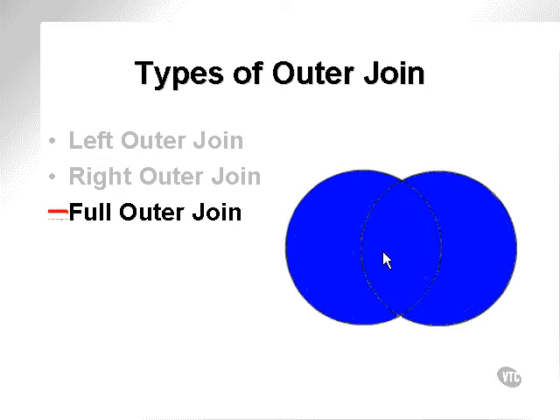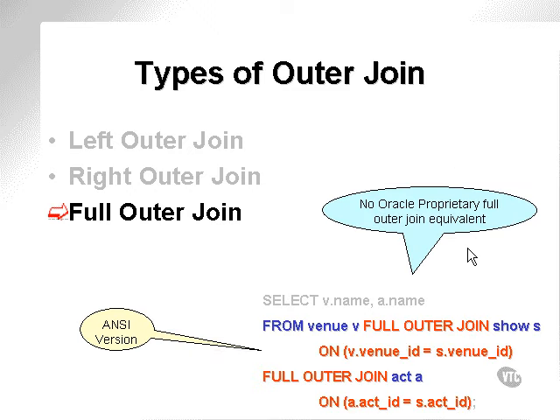The full outer join selects the intersection, plus all the rows in the first set not in the intersection, and all the rows in the second set not in the intersection. The point is it doesn't join them all together. So it's definitely not a Cartesian product. So we don't really need to display an Oracle proprietary version of the full outer join because, as I said, it doesn't exist.